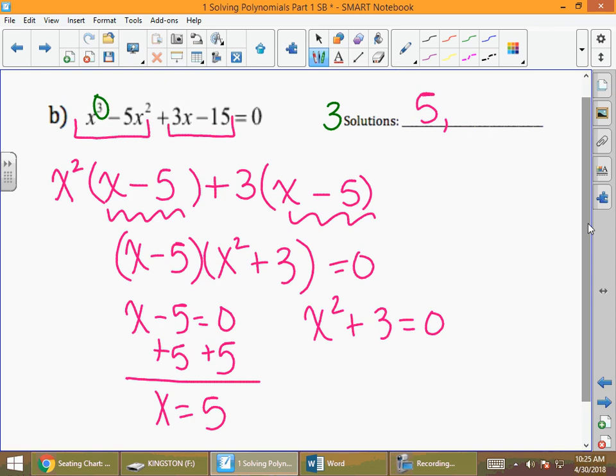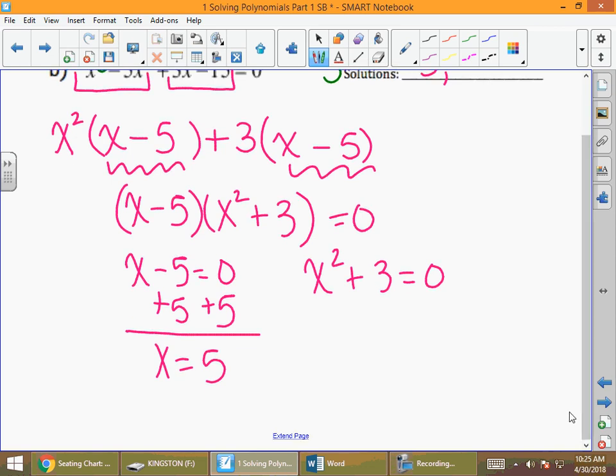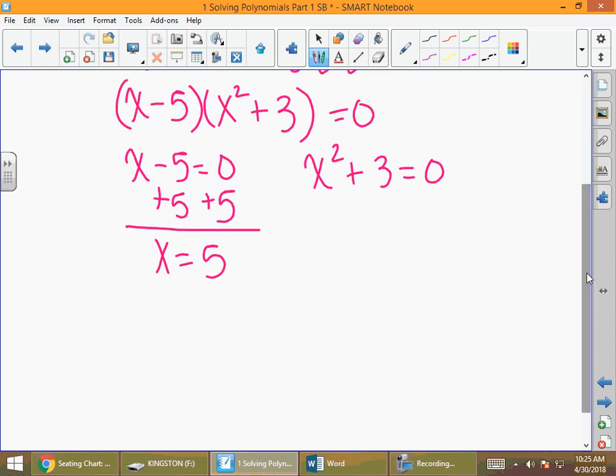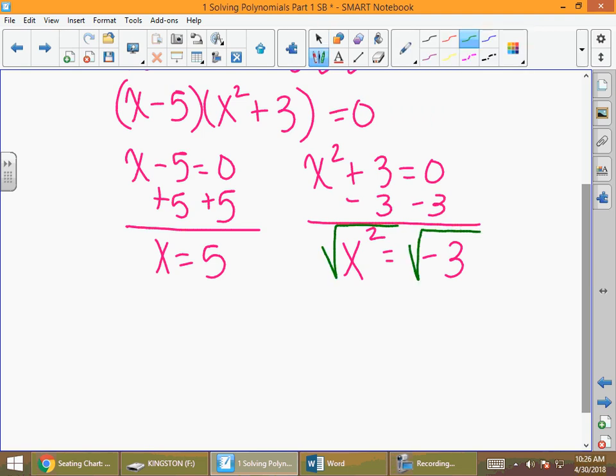And this next one, what we need to do to solve is subtract 3 on both sides. We get x squared equals negative 3. And then we have to use our undoing process here for squaring. When we undo that, we take the square root of both sides.